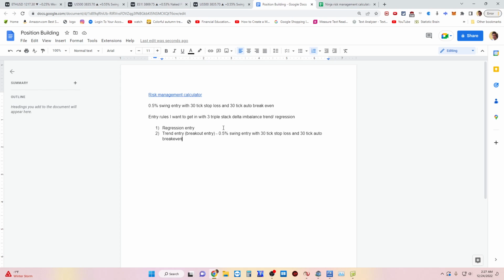So for the most part, I like to have it follow this order: I get a regression entry, even though I turn both settings on, but on two separate bots, I try to get a regression entry and then a trend entry, and the trend entry is the breakout, and I want it to happen in the sequence of regression entry first, and then trend entry second.